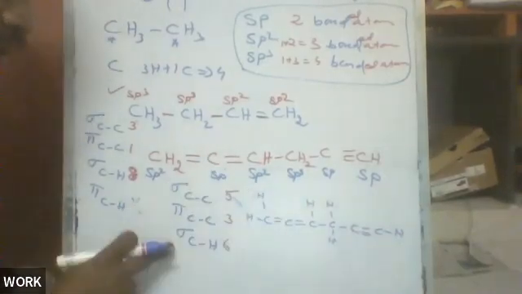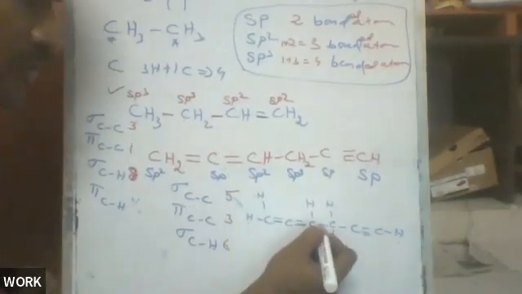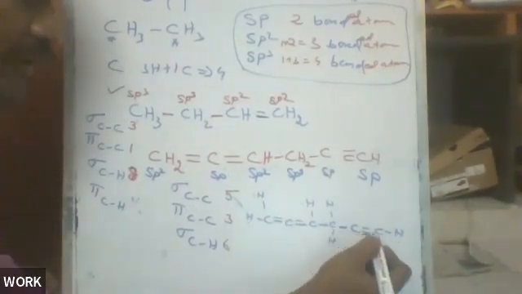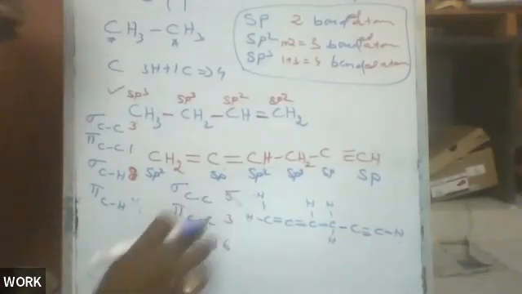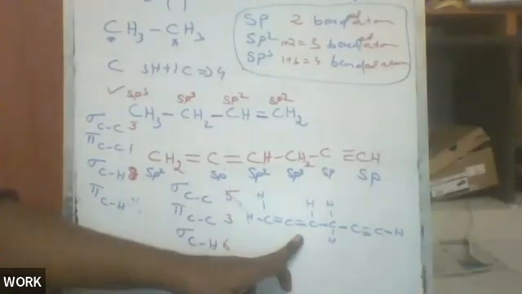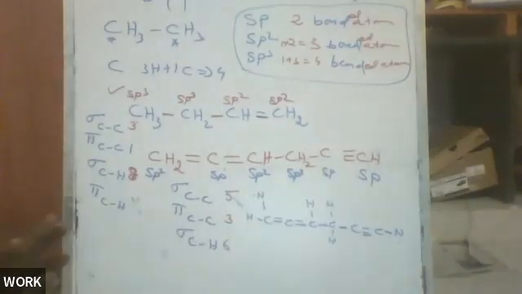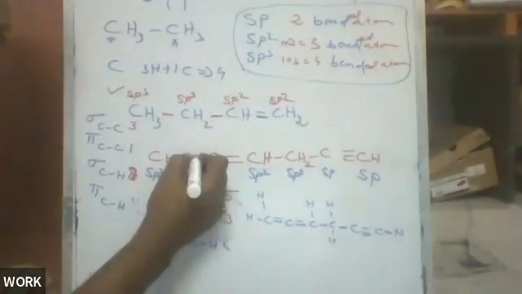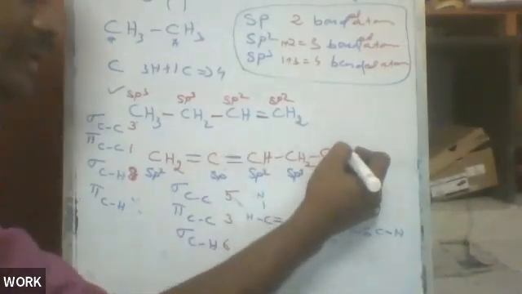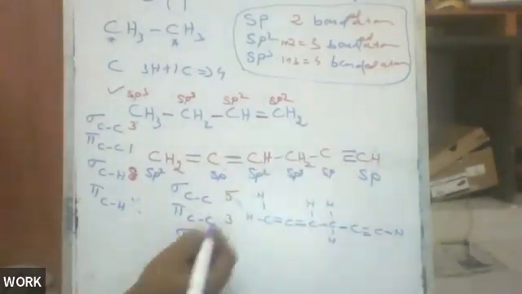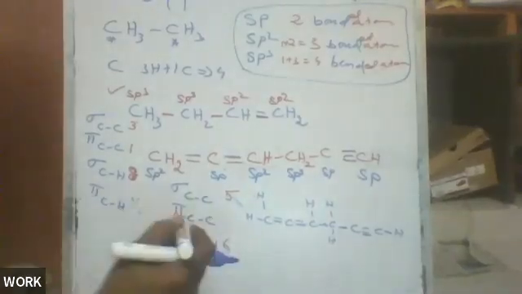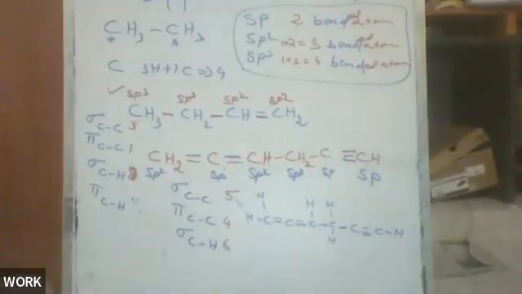Carbon 1, 2, 3, 4, 5, 6. Sorry, 5 only. 5 bonds, 1, 2, 3. Here there are 2 pi bonds, so 4 will come, correct? Look at the pi bonds. This is one pi bond, this is one pi bond, and here there are 2 pi bonds. Okay, so 3 + 1, 4 pi bonds. Is it clear? Yes, sir.